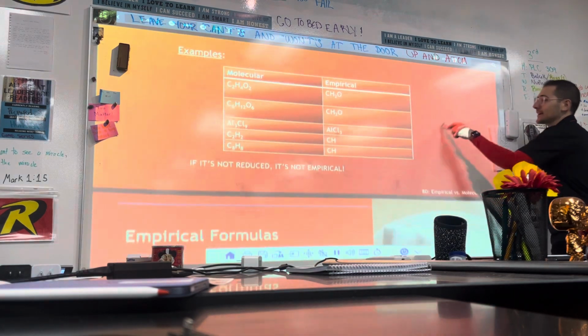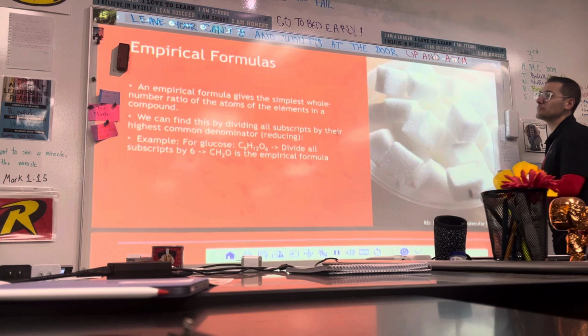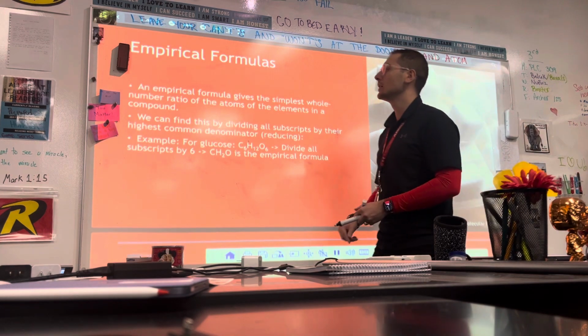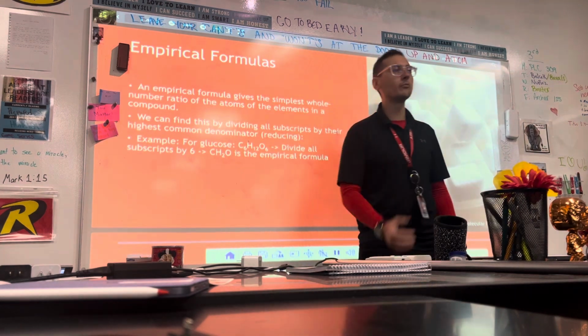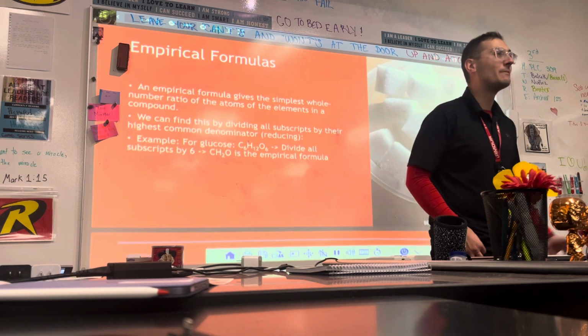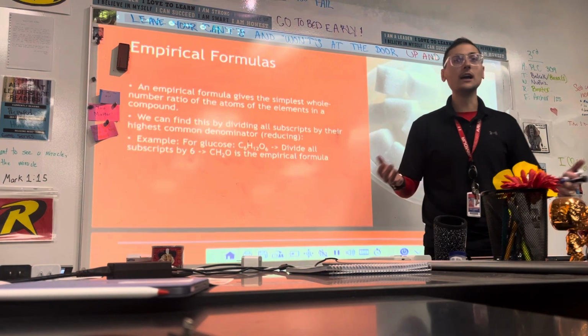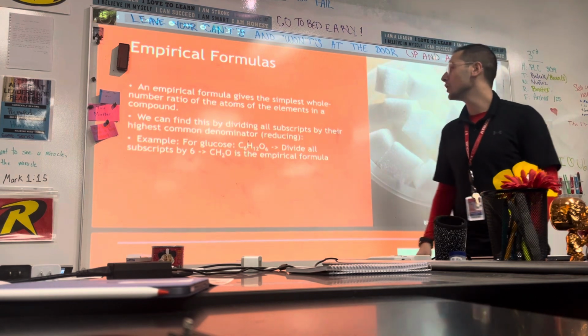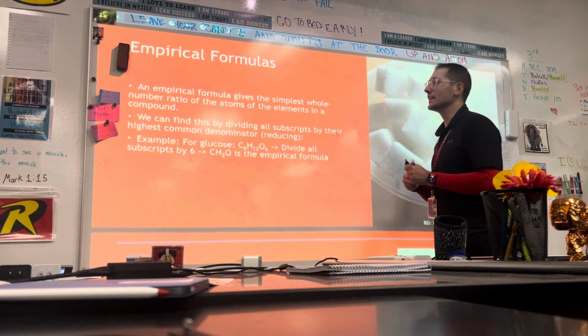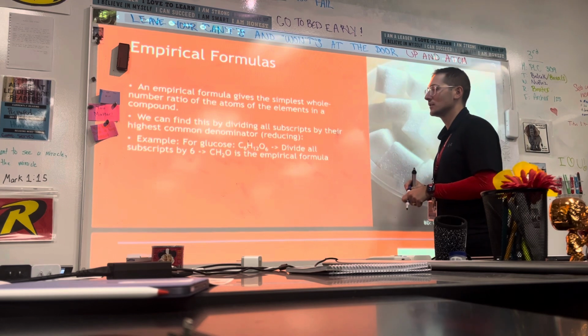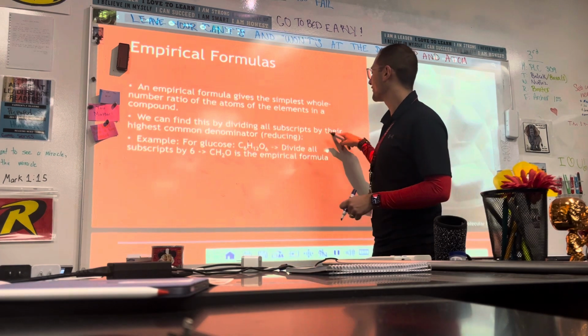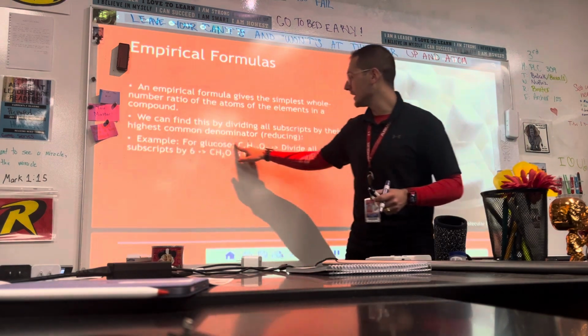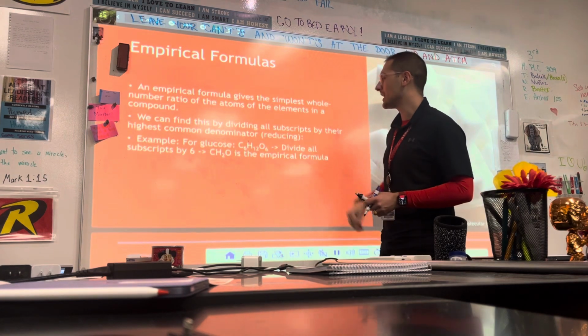Well, we can calculate both of those. We can calculate the empirical formula if we are given the masses of the elements that are present, or the amount of each element that's present. So we can find this by dividing all of the subscripts in a formula by the highest common denominator.